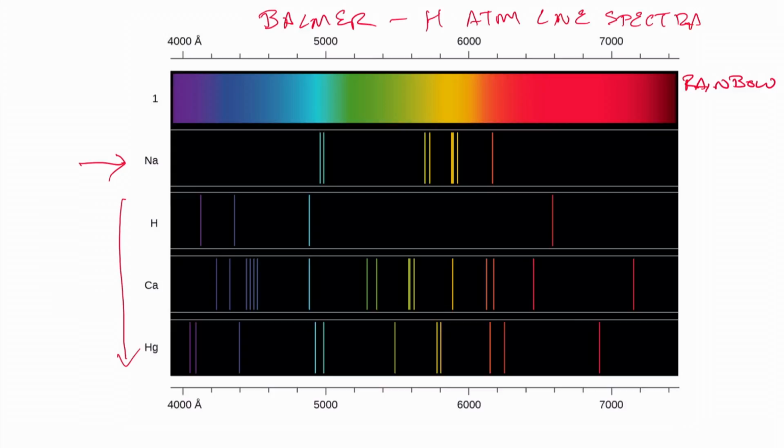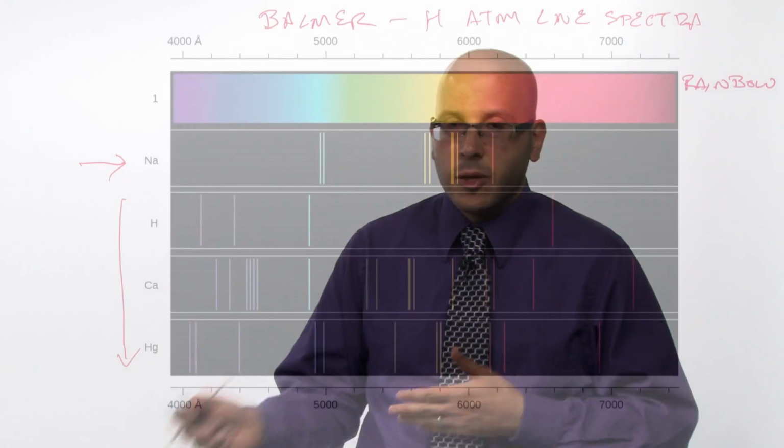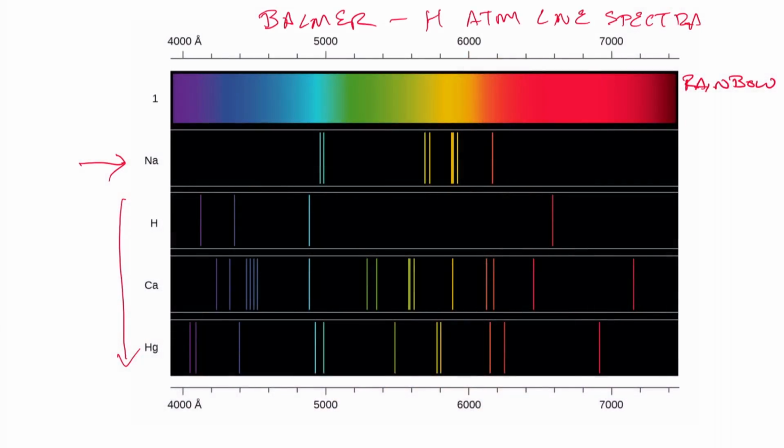He had an equation that he used to predict what's going on, and it seemed to work, but he really had no idea why it worked the way that it did. It took a little bit of time later for people to discover what was going on. So let me tell you a little bit more about what was going on.